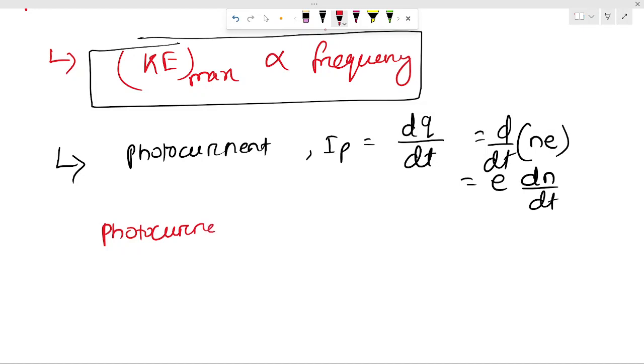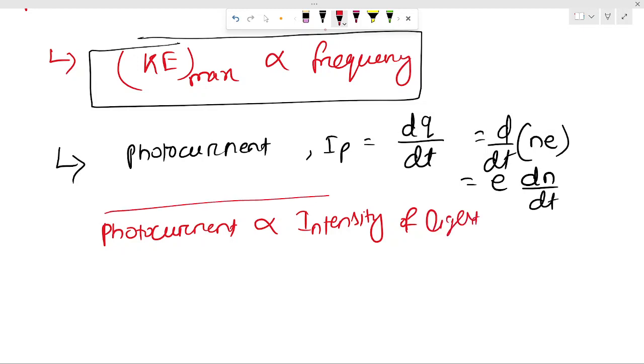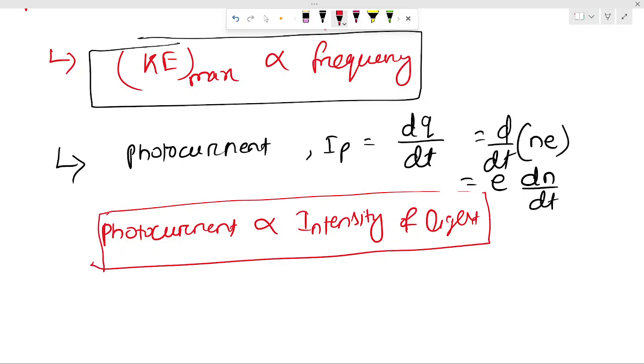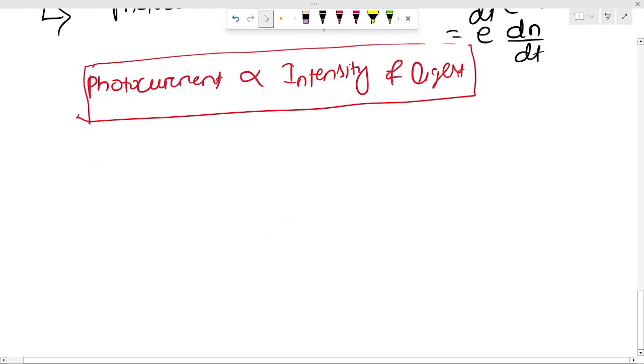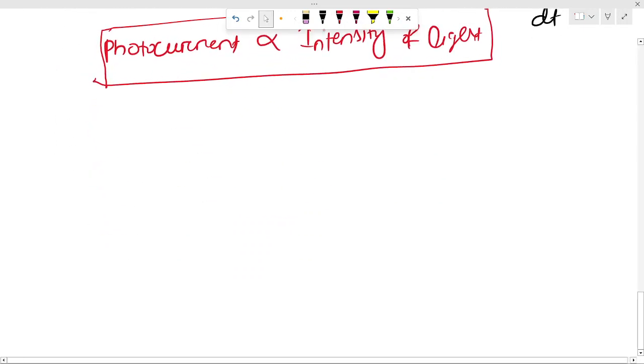This photocurrent is directly proportional to the intensity of light. Remember, these are very important points. I have given it in a box so that you remember it. Kinetic energy depends upon frequency and varies directly as frequency, whereas photocurrent varies with intensity of light and is independent of frequency.